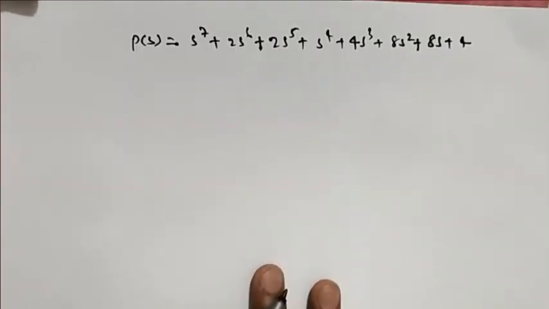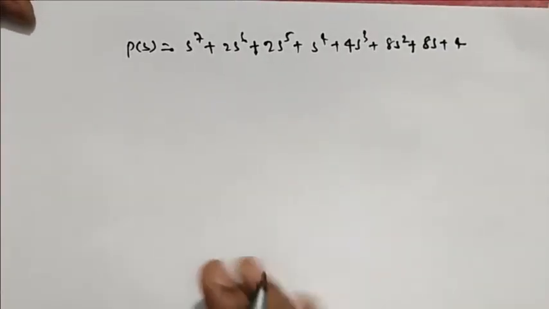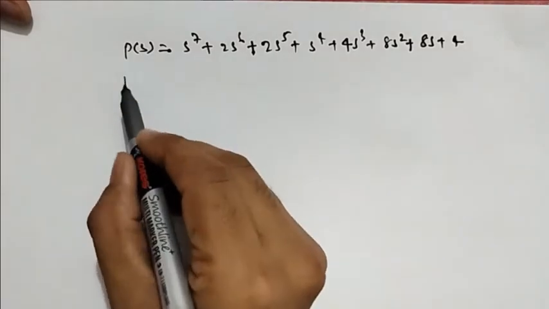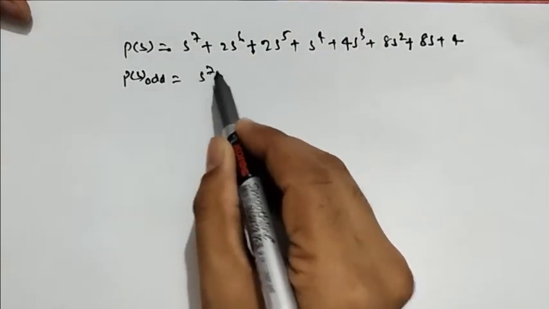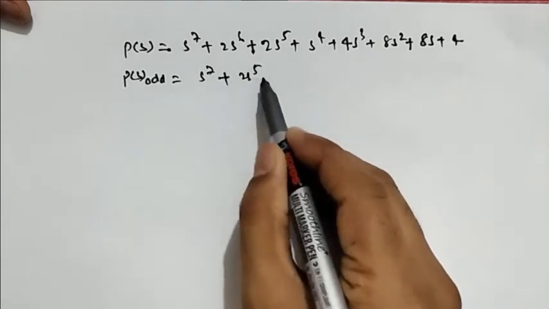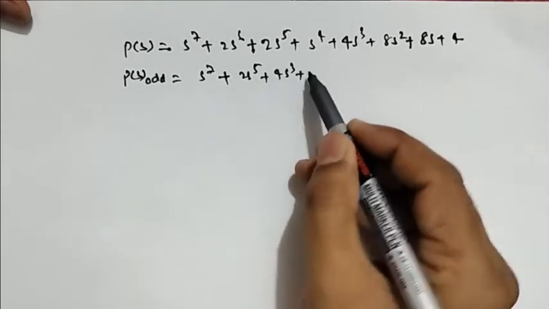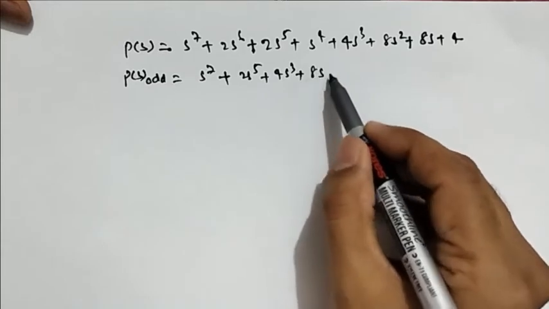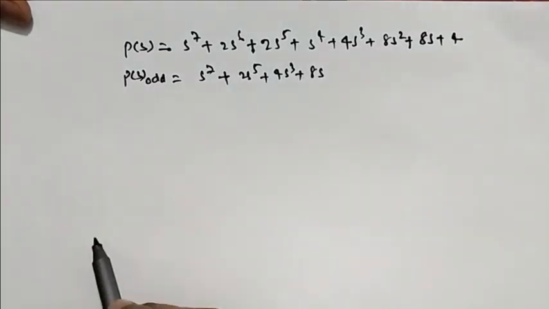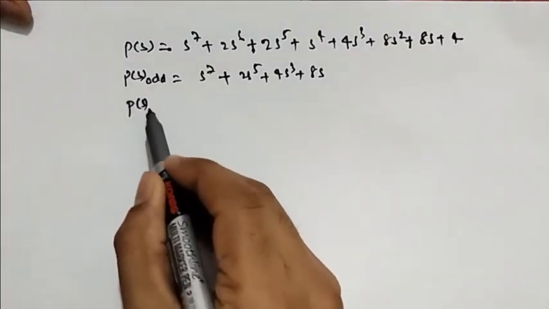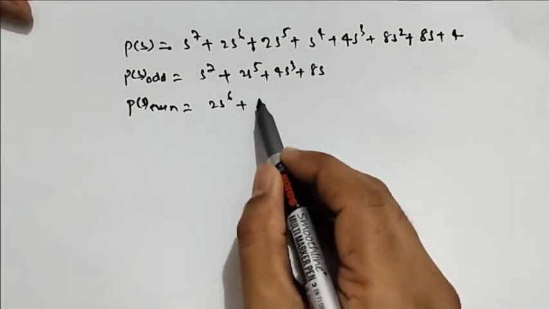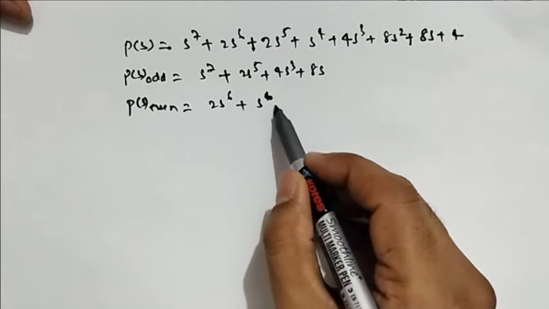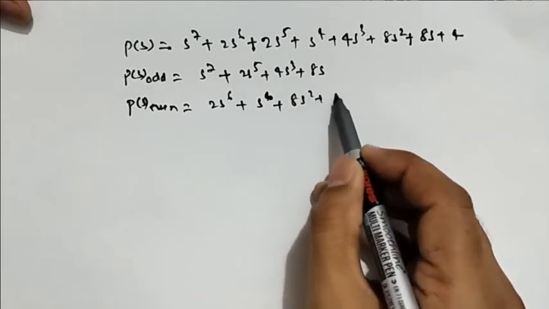Now if I take this equation, what we need to do is just take the even and odd terms out. Odd will be s^7, 2s^5 plus 4s cube plus 8s. This is the odd term that we have taken. Now if you take the even term out, what is the even term? 2s power 6 plus s power 4 plus 8s square plus 4.